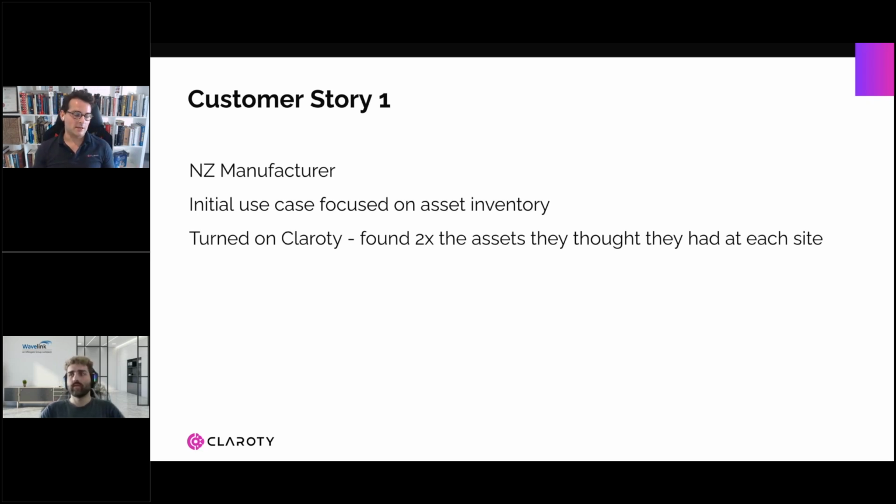The reason is that over time, you add new devices, you plan to turn off systems that never get decommissioned. Over time, you get this entropy of different systems being added by different project teams. So when you think you know what you know, and you turn on Claroty and get your live inventory, all of a sudden you discover a whole lot of things you don't know.